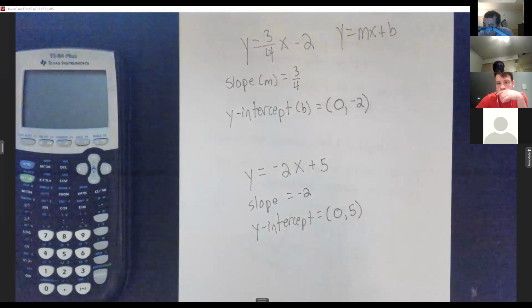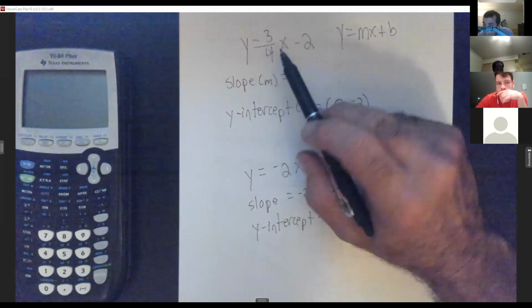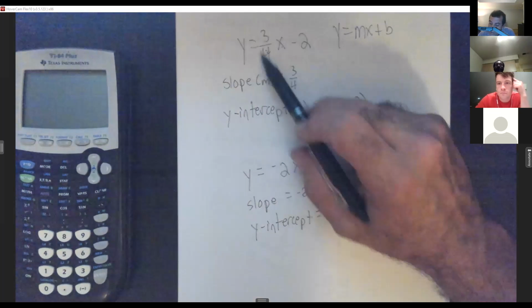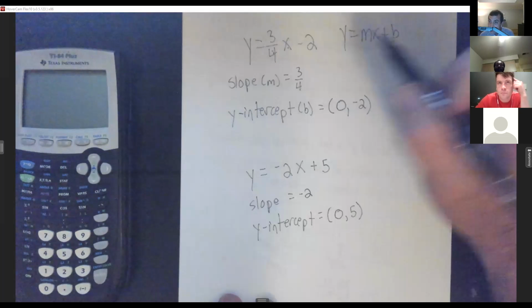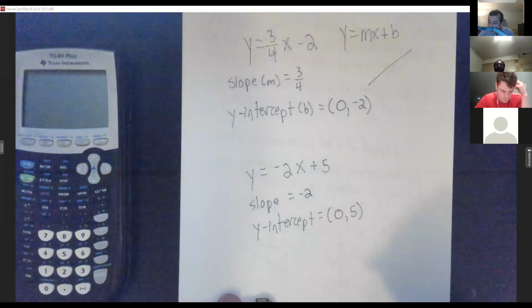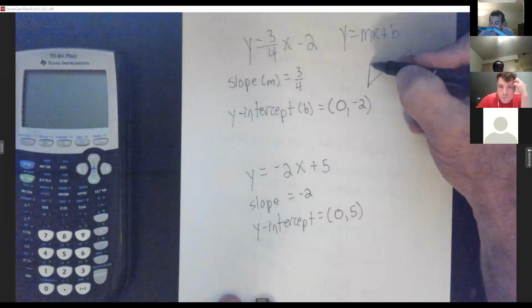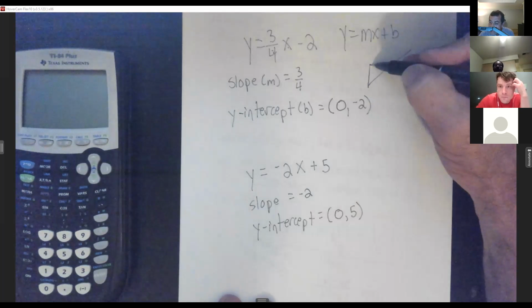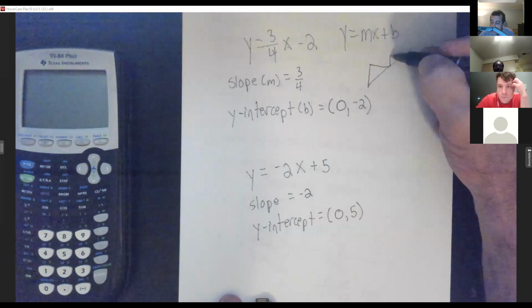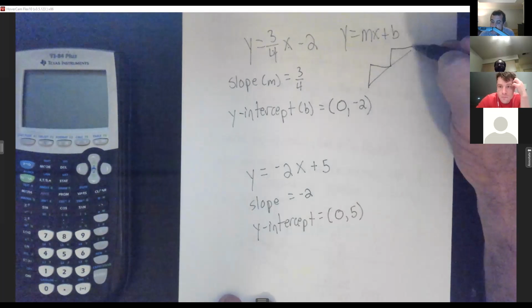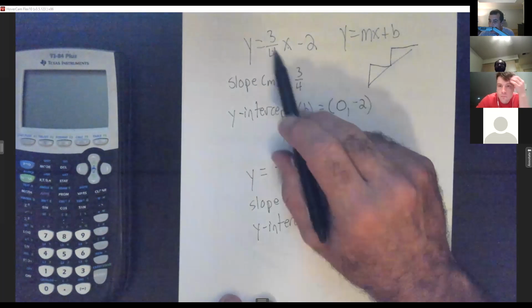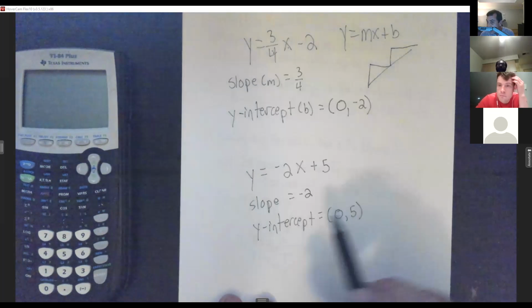So y'all, here's something nice. You see, this is a positive slope up here. So positive slopes go uphill. So what that means is this goes up 3 in the y's and goes over 4 on the x's, 3 in the y's over 4 in the x's, because both these numbers are positive. This one has a -2.